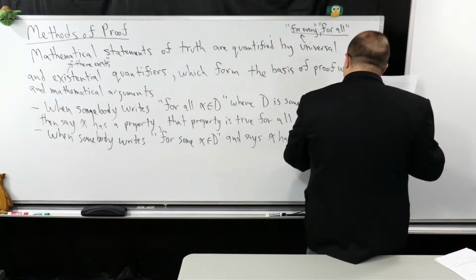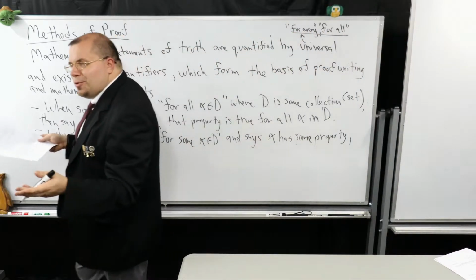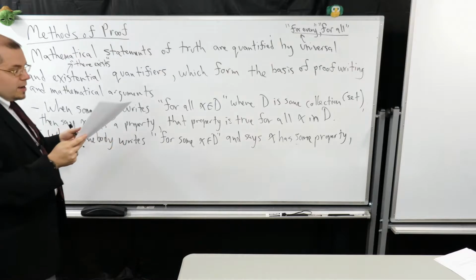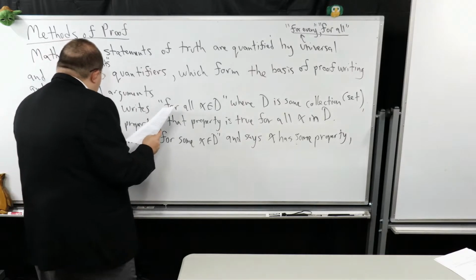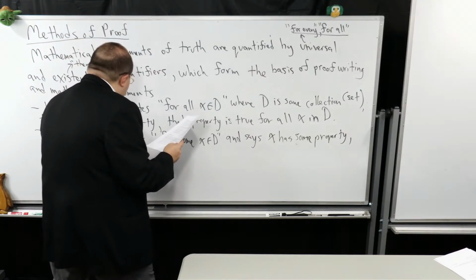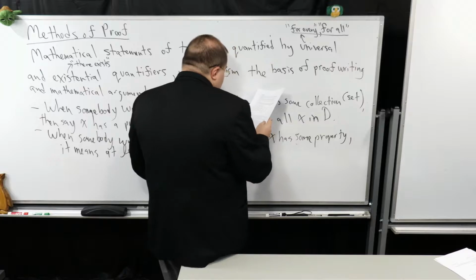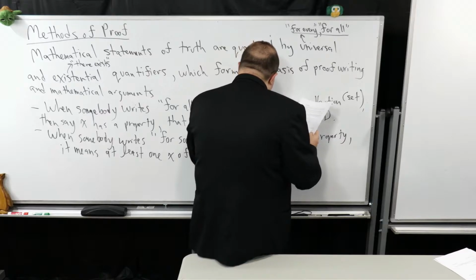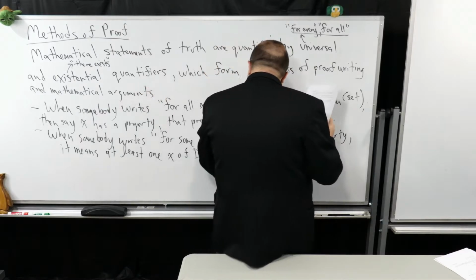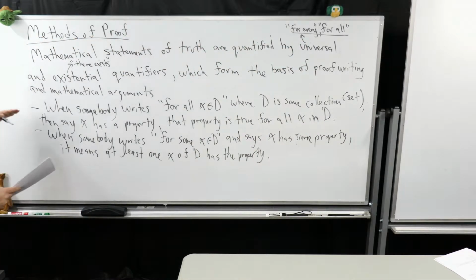It doesn't mean that every one of the x's in D has this property, it means that at least one x of D has the property. You know it exists, hence the existential part of this. So that's universal, that's existential.